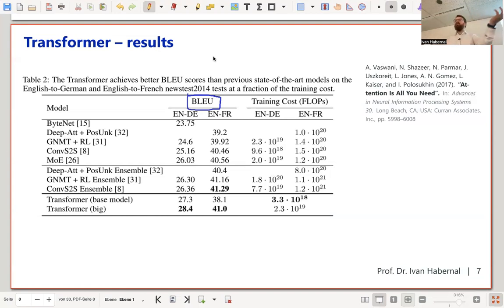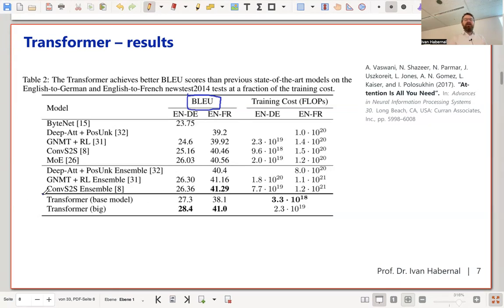You can have multiple reference translations, and you just ask, how precise am I with all my n-grams in the generated text as compared to the reference translation? It's a precision-oriented measure for translation. What was the recall-oriented one? Remember? ROUGE. Yeah, exactly. BLEU and ROUGE. French names for machine translation metrics. Okay. Cool.